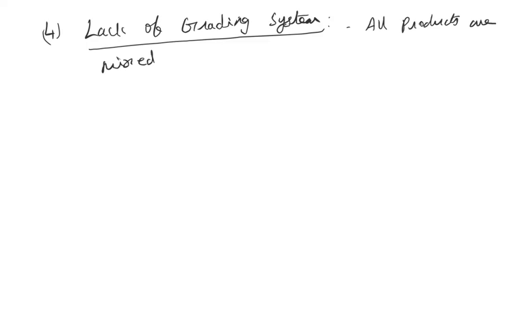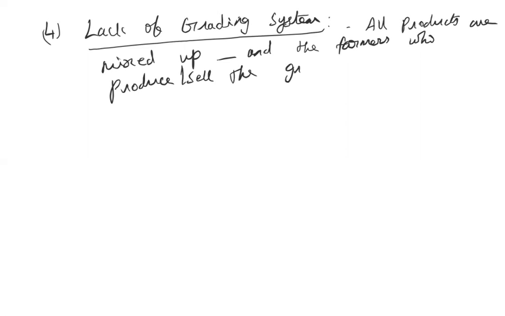Since all the products are mixed up due to the lack of grading system prevailing in the rural area, the farmers who are producing the better or superior quality are not able to get the better price. So the farmers who want to sell graded good produce are unable to get the better price.